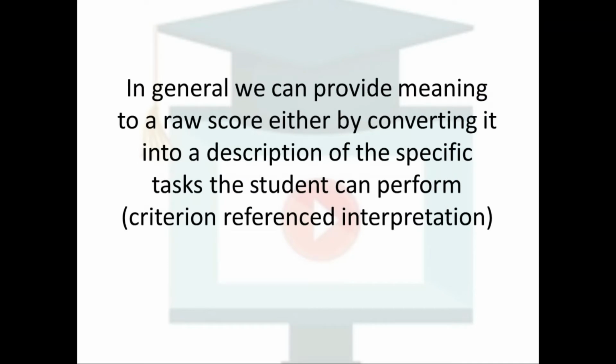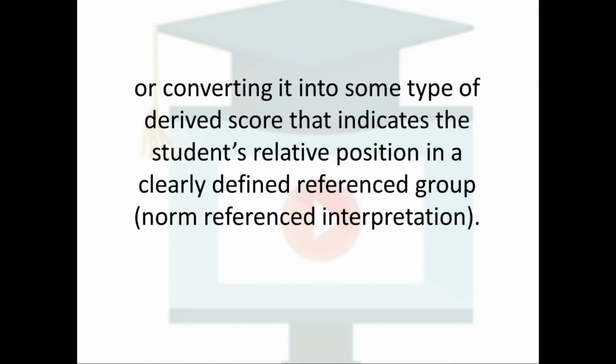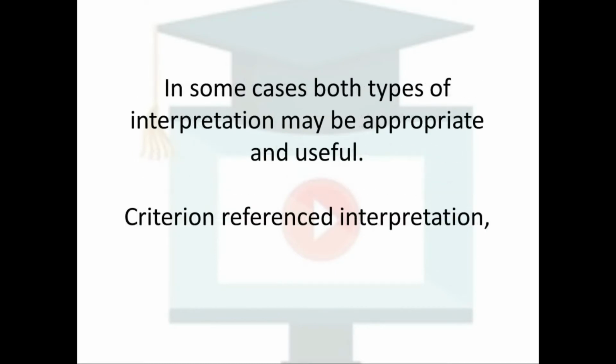In general, we can provide meaning to a raw score either by converting it into a description of the specific tasks the student can perform, criterion-referenced interpretation, or converting it into some type of derived score that indicates the student's relative position in a clearly defined reference group, norm-referenced interpretation. In some cases, both types of interpretation may be appropriate and useful.